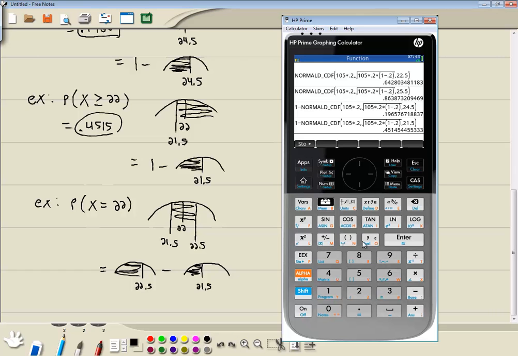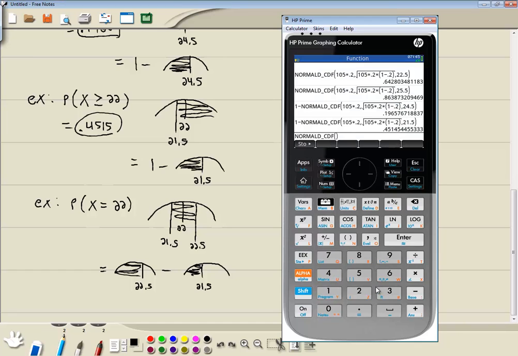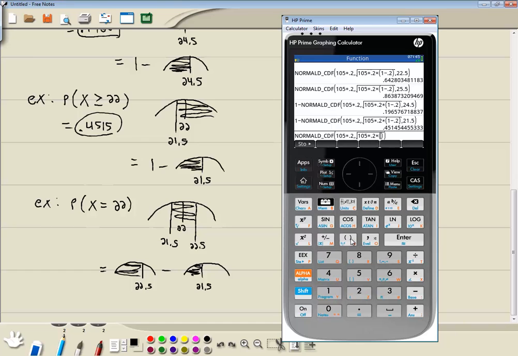Okay, so I'm going to choose my toolbox here, choose 5 for probability, I'll choose 6 for cumulative, choose 1 for normal, and I got n times p, so I got 105 times 0.2, comma, and then square root, so we do shift x squared, n, which was 105, times p, which is 0.2, times, and then I'll do the parentheses, 1 minus p, so 1 minus 0.2.